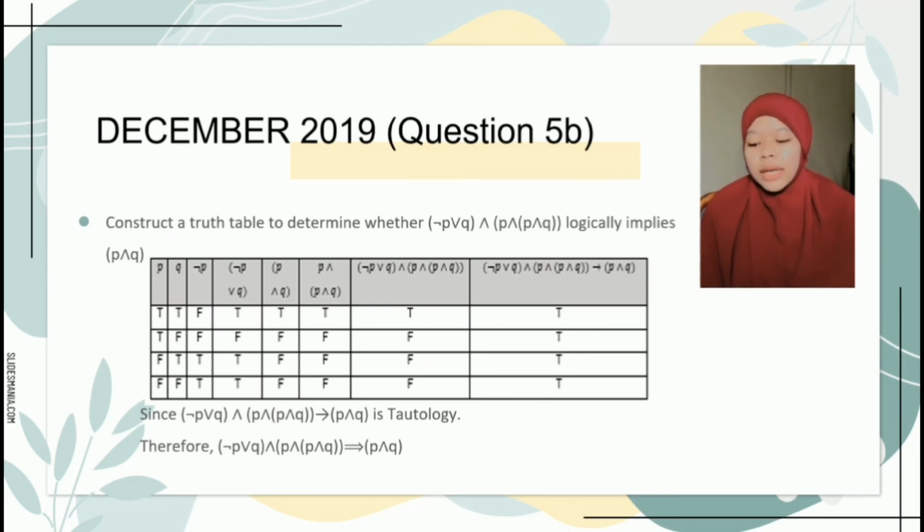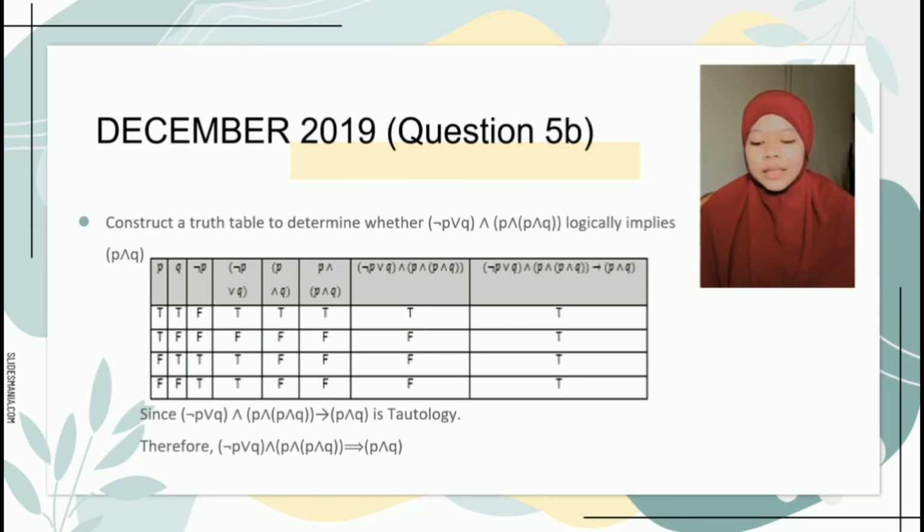For row 3, negation P is true, Q is true, and true or true we get true. Row 4, true or false we get true.